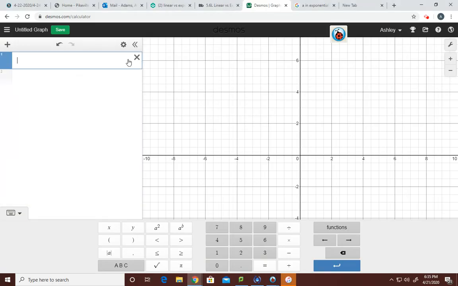Then I plug that in. Alright, so we get negative 10.